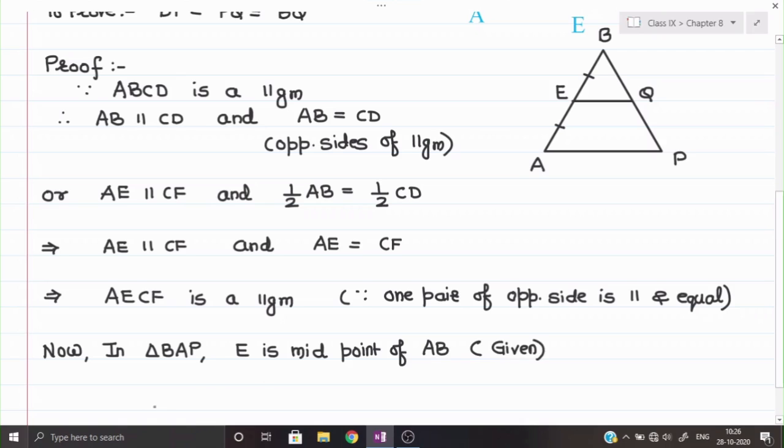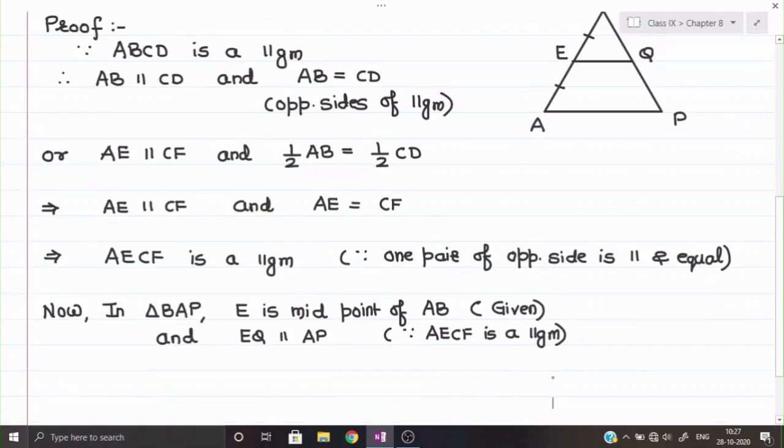Okay, and the second thing we'll write down here, the second given is required: the line through E is required parallel to the third side, and EQ is parallel to AP. The reason can be given here, since AECF is a parallelogram.